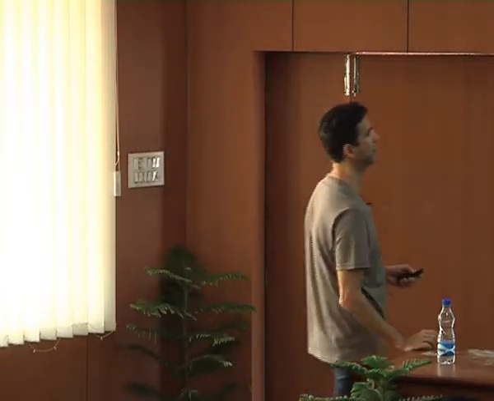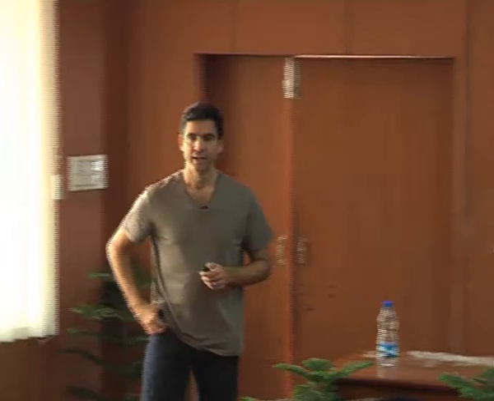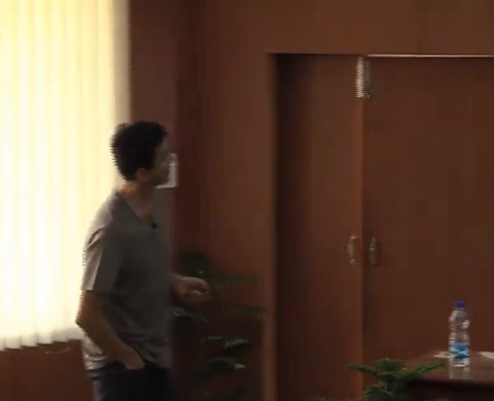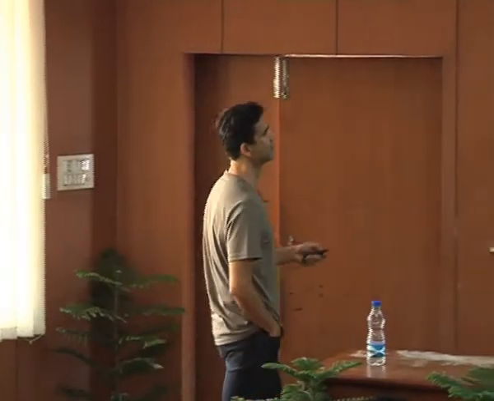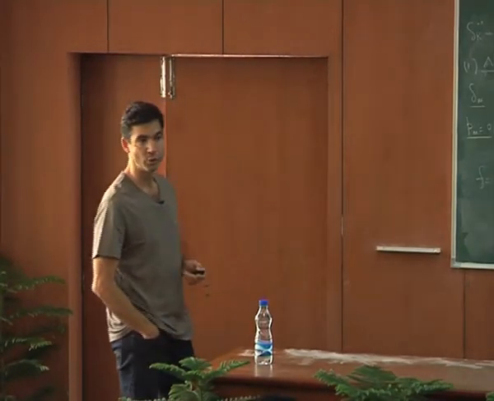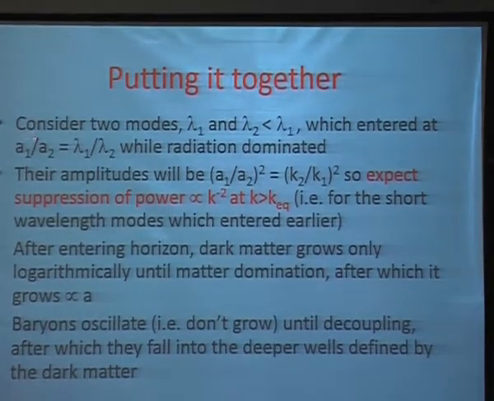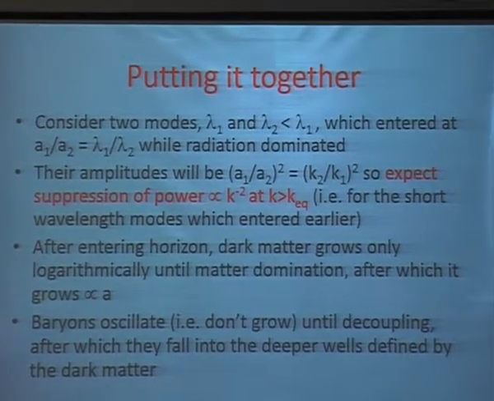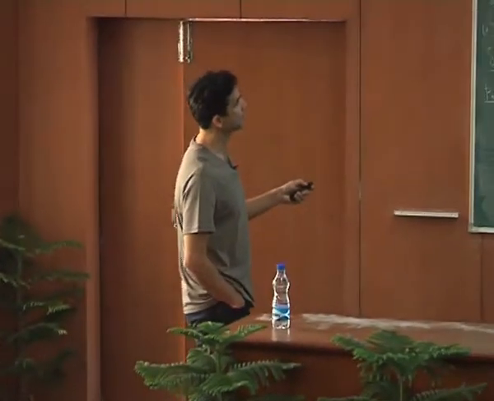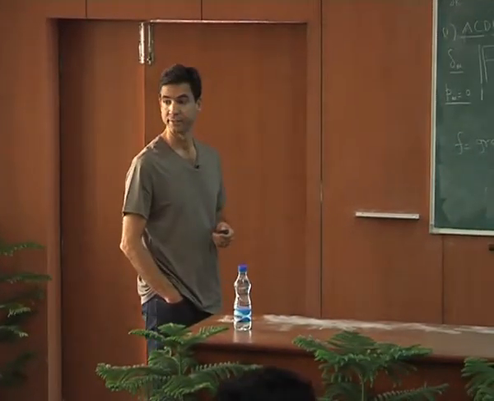Okay. So what does this mean? This difference in growth. So if you have two modes, okay, so 1 and 2, so two wavelengths, and they will enter at different times. So one entered at A1, the other entered at A2. And suppose they both entered during radiation domination.